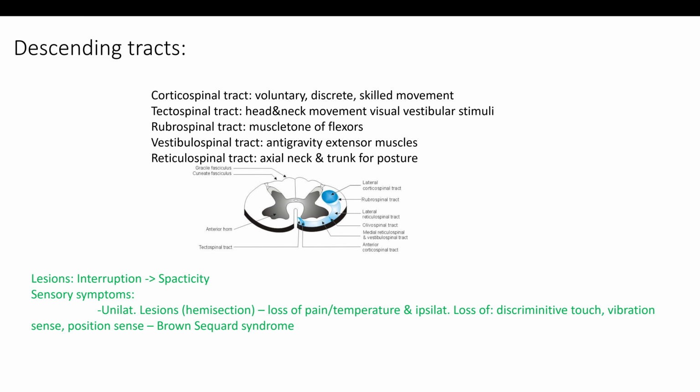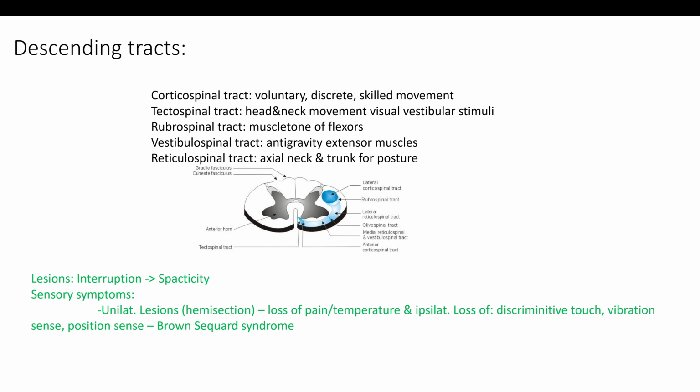And there's a sensory symptom: a unilateral lesion results in loss of pain and temperature sensation on the opposite side, and loss of discriminative touch, vibration sense, and position sense ipsilateral, below the affected segment, the Brown-Séquard syndrome. There's also polyneuropathy affecting multiple peripheral nerves, with predominantly cutaneous sensation loss in hands and feet, attributed to impaired axonal transport.